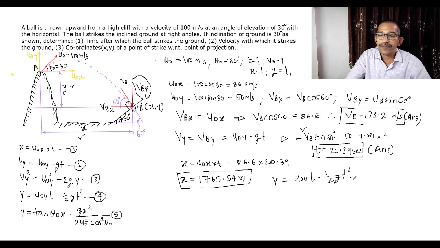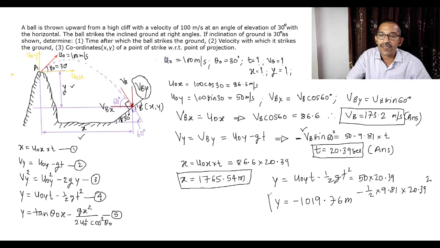And next y: u0y t minus half g t square. u0y is known, u0y calculated is 50, into 20.39 minus half, 9.81 into 20.39 square. Therefore the y value, if you find out, comes out negative, minus 1019.76 meters.